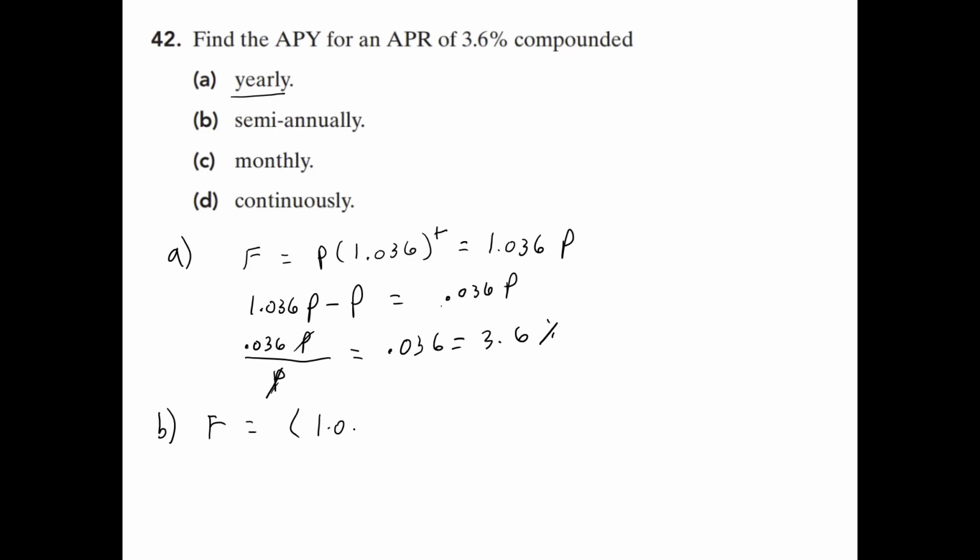So 1.018 is what you're going to get every time. But you're going to go through 2 compoundings in 1 year, so your exponent is 2. And so 1.018 raised to the second power is going to be 1.036.